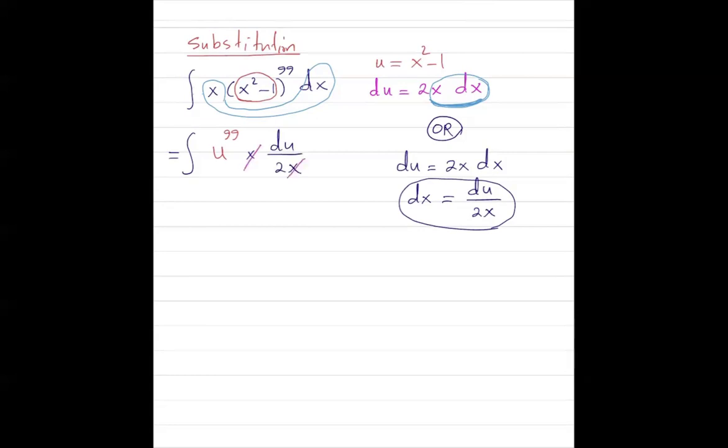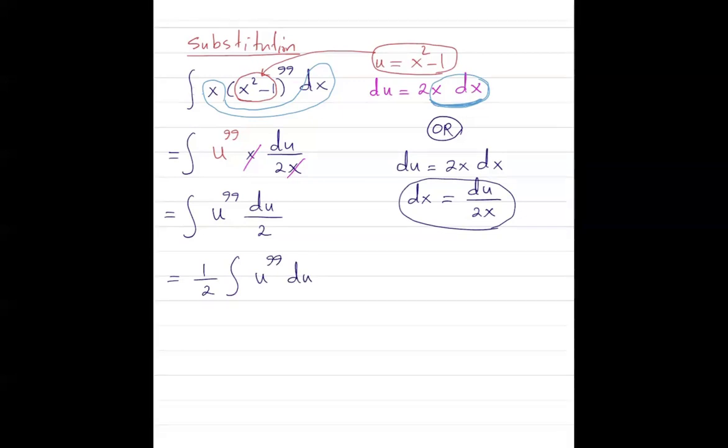So your integral becomes the integral of u to power 99 du divided by 2. Wherever you see x squared minus 1, you use the new variable u. So this can be written as a half the integral of u to power 99 du, which is familiar.